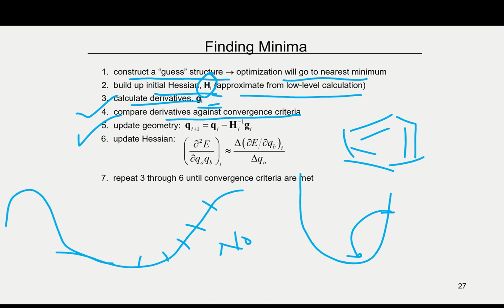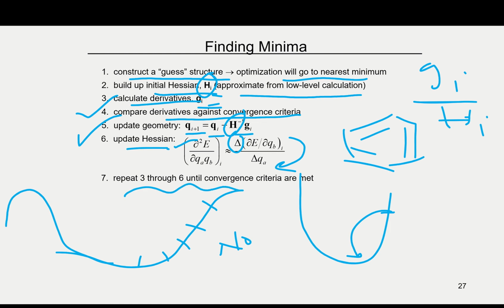Update the geometry: q i plus 1 equals q i minus H i inverse times G i, which is actually G i divided by H i. Then update the Hessian, where the first derivative gives the second derivative, delta square E divided by delta Q A delta Q B, which is delta E divided by delta Q B, divided by delta Q A.